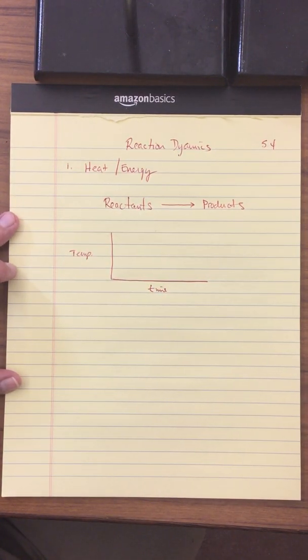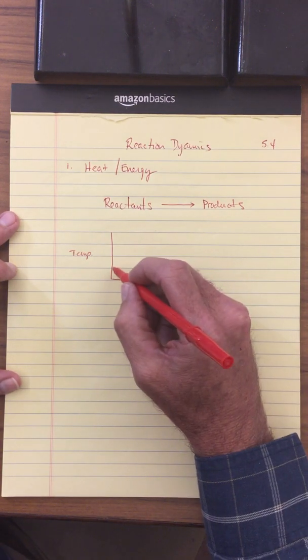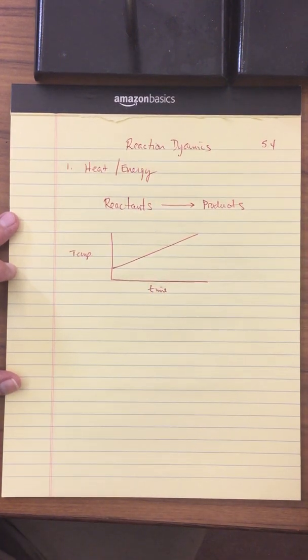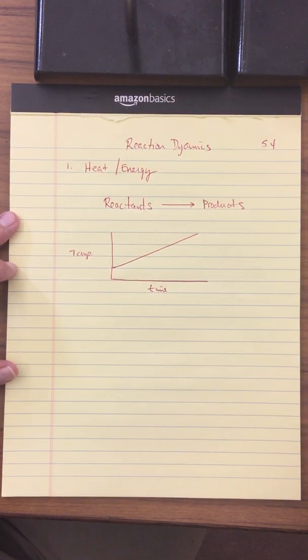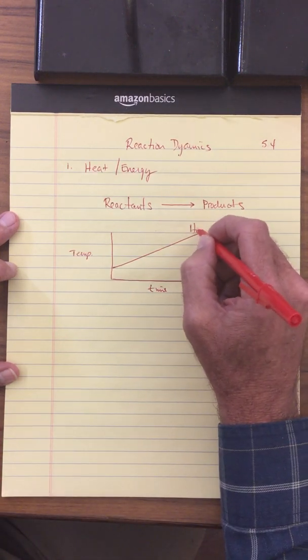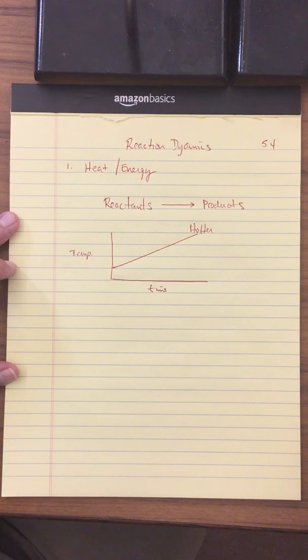In a combustion reaction, we start to burn our fuel, and it produces heat. So over time, the temperature increases. So it's going to get hotter. So if it's getting hotter and it's in your hand, you're going to feel the heat.